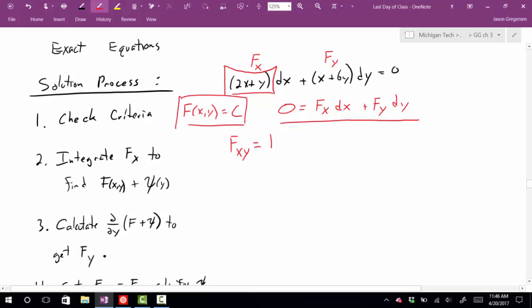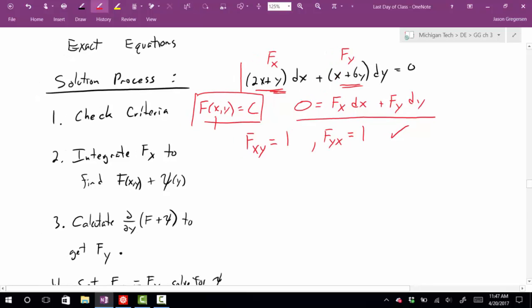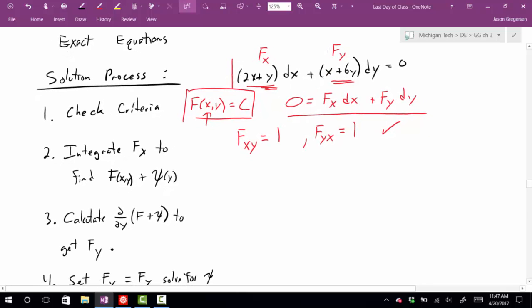I get a value of 1 here. Then I check the other mixed partial, the partial of this thing with respect to x. I also get 1. So it is exact. So that means this piece really is the partial with respect to x of something. This piece really is the partial with respect to y of something. And all I want to do is find out what that function is so I can form my solution.